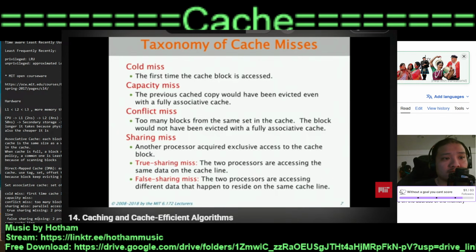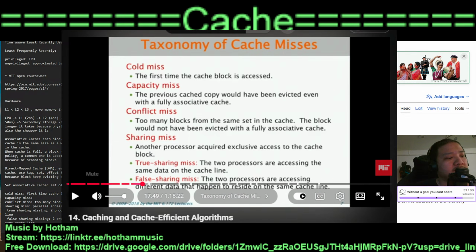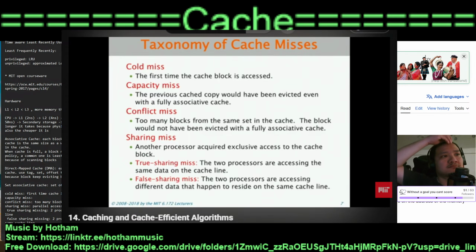Then when another processor tries to access the same memory location, it has to bring it back into its own cache, and then you get a cache miss there.